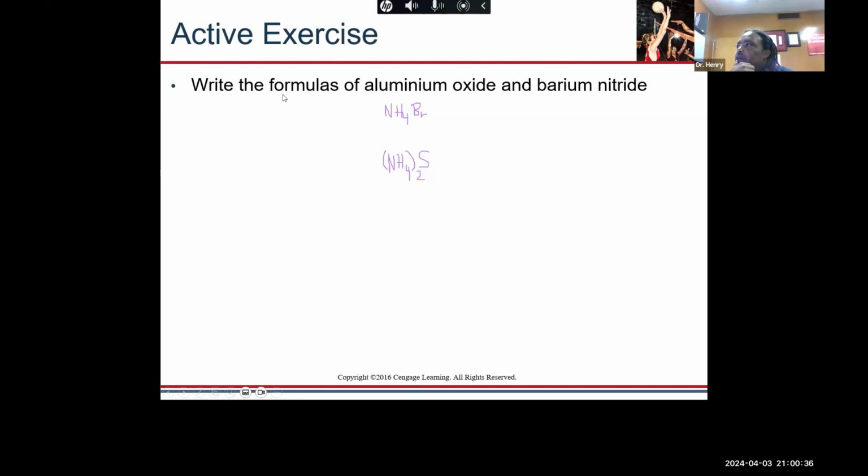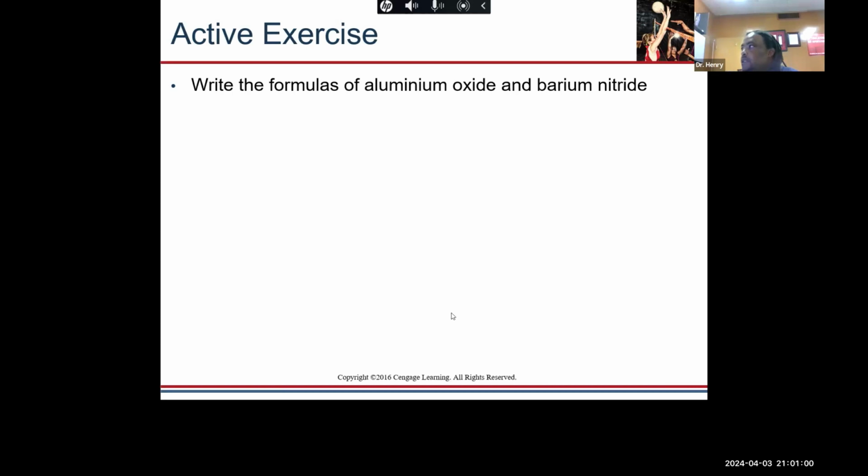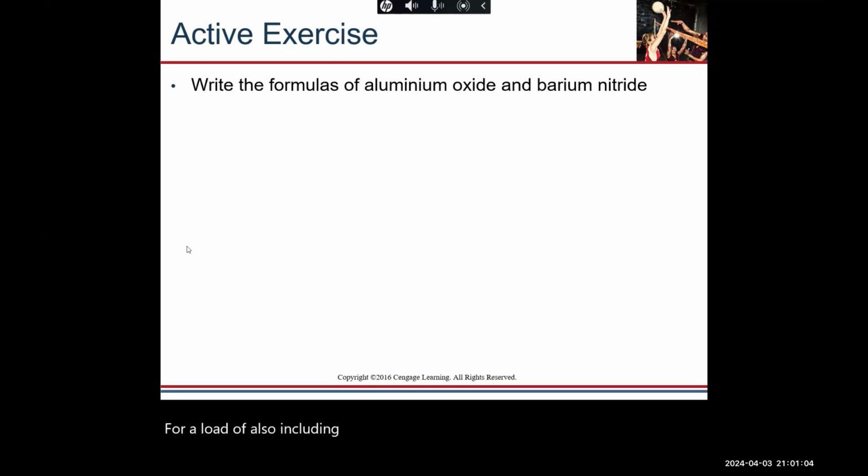Okay. What about the chemical formulas for aluminum oxide and barium nitride? For aluminum oxide, do we need 2 aluminum and 3 oxygens? All right.